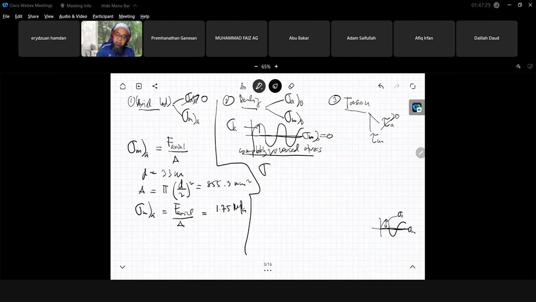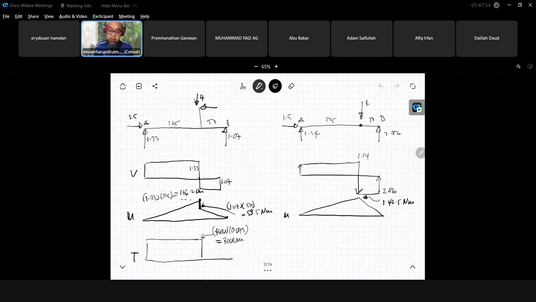So sigma A for bending, alternating, equal to 32 moment times pi t. So what is the moment? So combination of the moment, kita ada, so in the middle, assume that we look at the middle at the gears as the critical point.